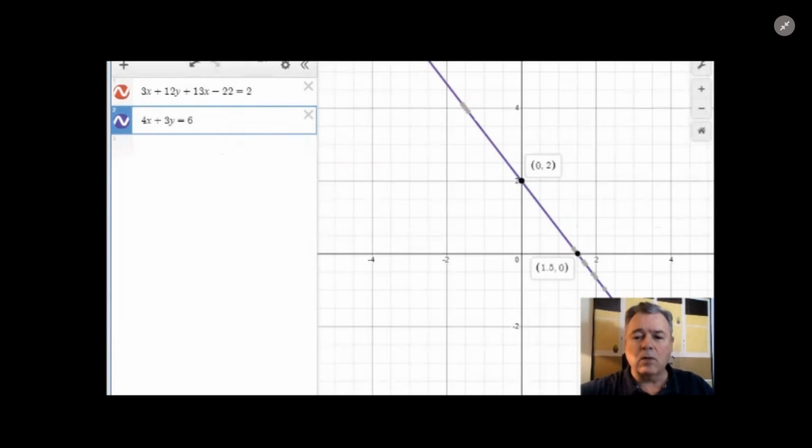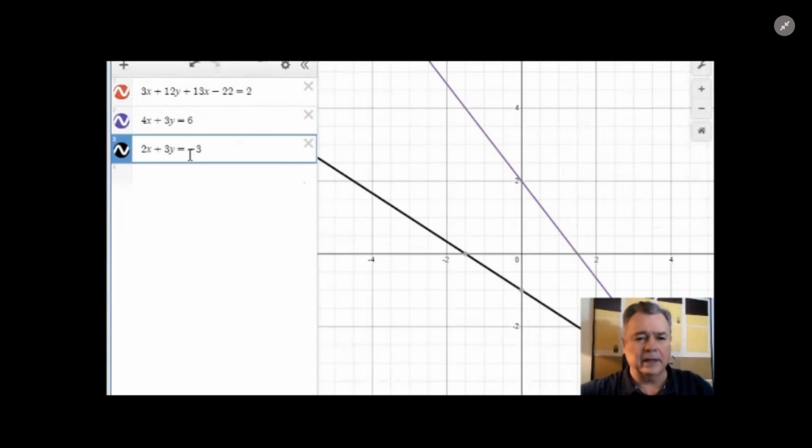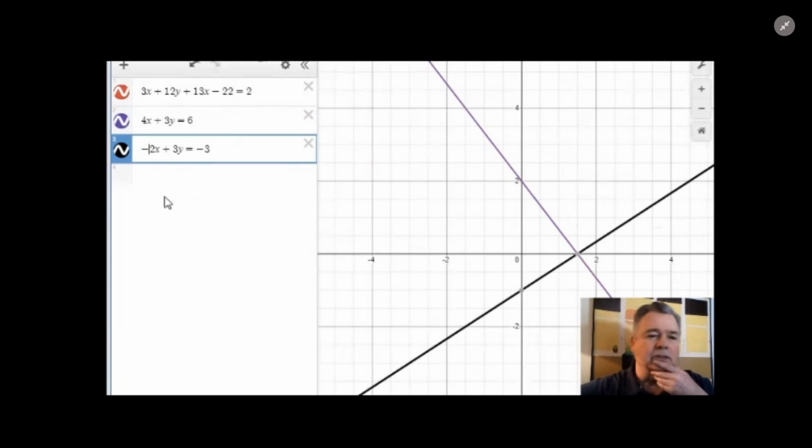Consider the equation 2x plus 3y equals... Enter that one here. Minus 2x. Let's make that minus 2x plus 3y equals minus 2.